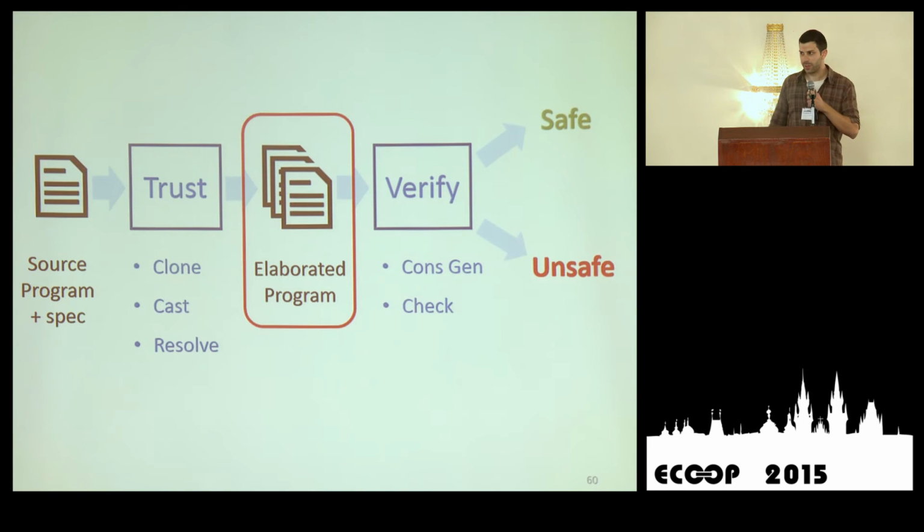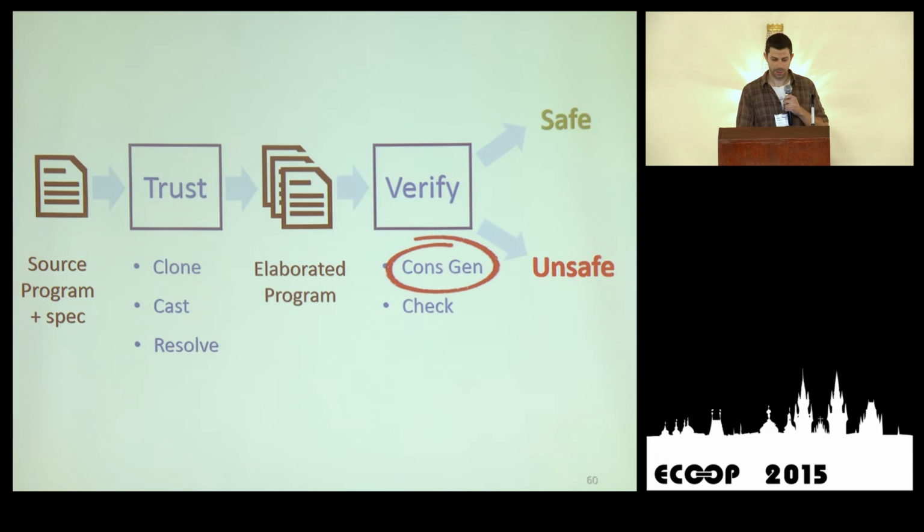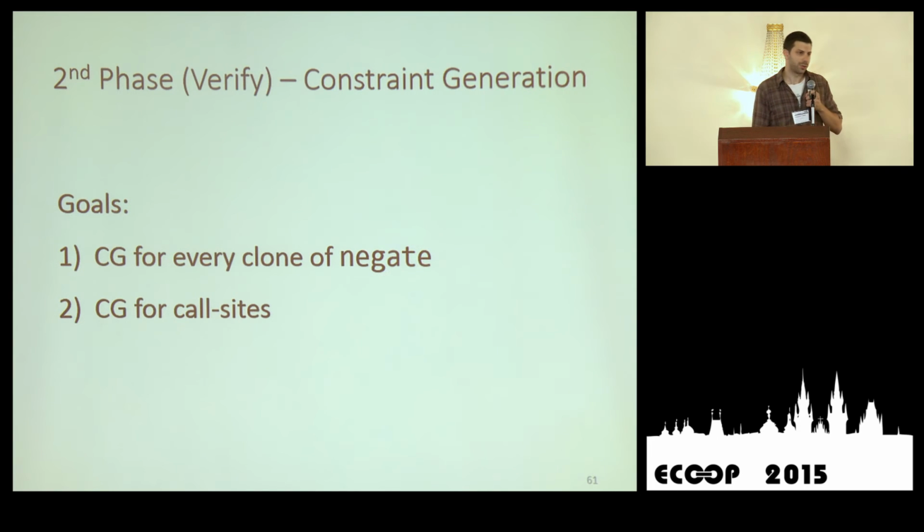So following on these first two steps, we have come up with an elaborated program that is fed to the verify part of the approach. So the first part of the verification is generating constraints for each clone of negate that we have so far, and also the call sites.